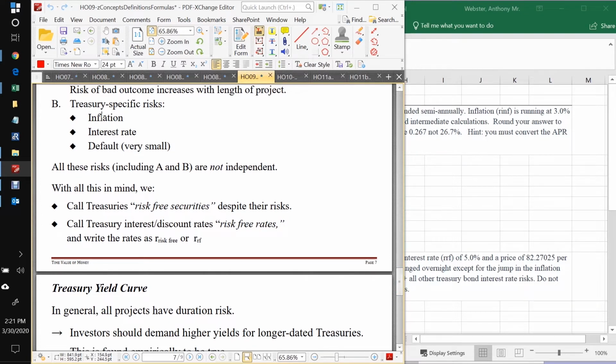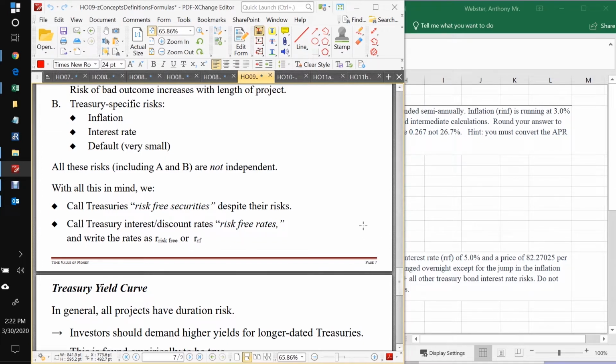And then there are also risks here that are specific to treasuries, including inflation, interest rate, and default. So with all this in mind, we call our treasuries risk-free securities, even though we know that they have some risks, and we write our risk-free rate, which is really measured by treasuries, as R risk-free or RRF.